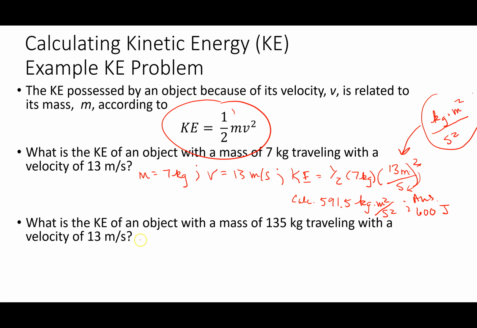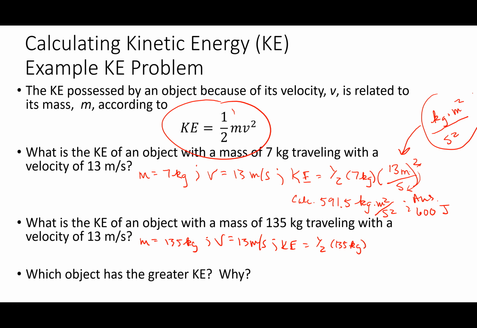Here I have a different mass, 135 kilograms, the same velocity, 13 meters per second. My kinetic energy is equal to 1/2, the mass is 135 kilograms, the velocity is 13 meters per second squared.